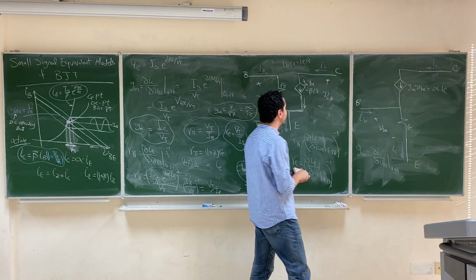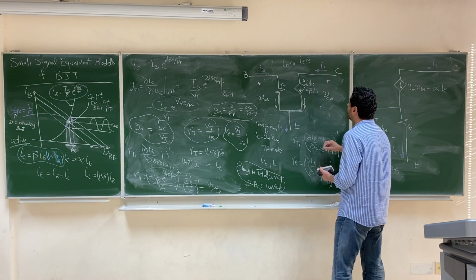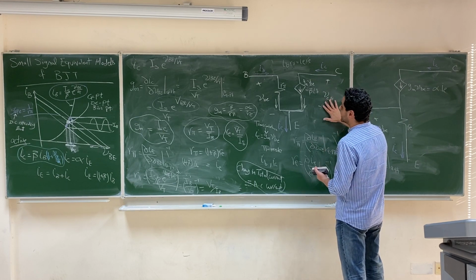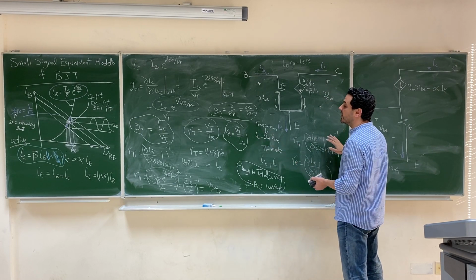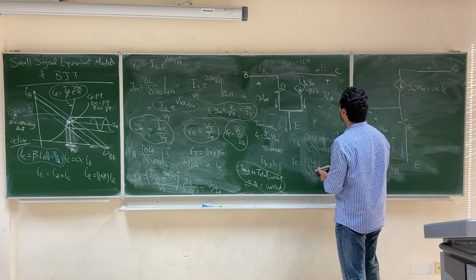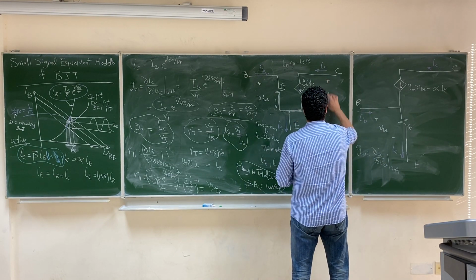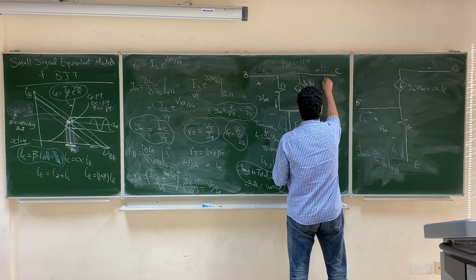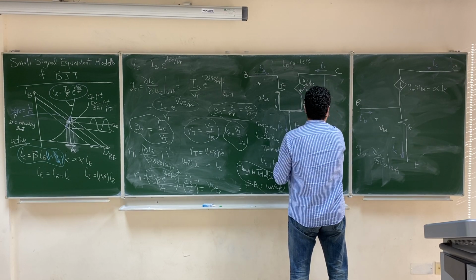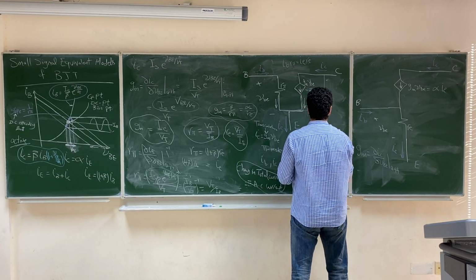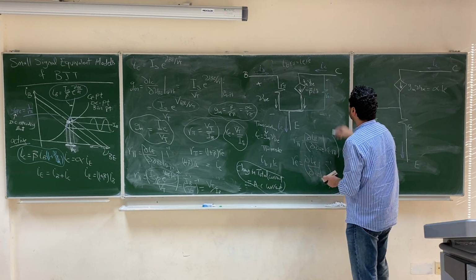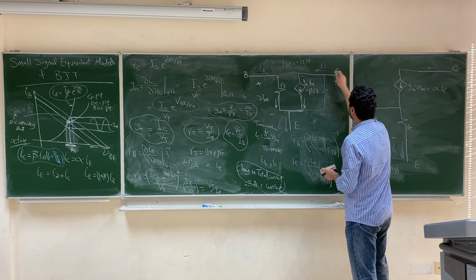So we can represent the early effect, the linear relation between IC and VCE, in our circuit by adding a resistor. This is VCE, this is IC. So we can come here and add a resistor. We'll call it RO.